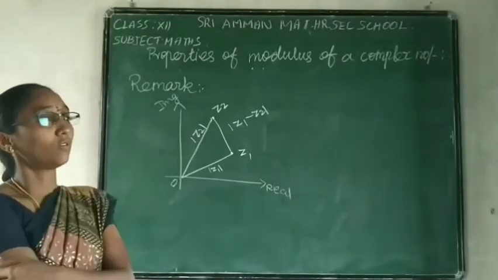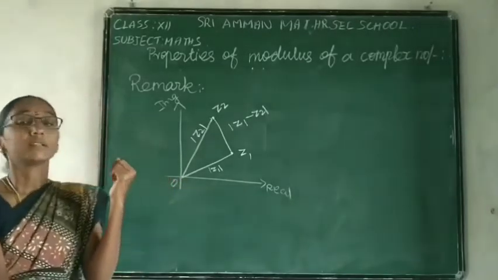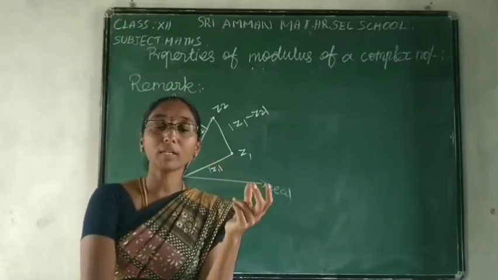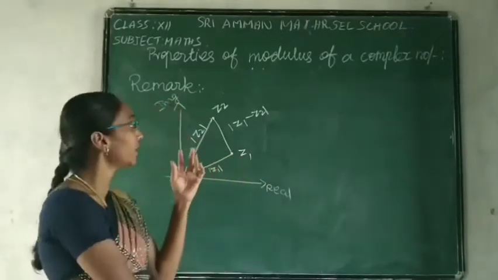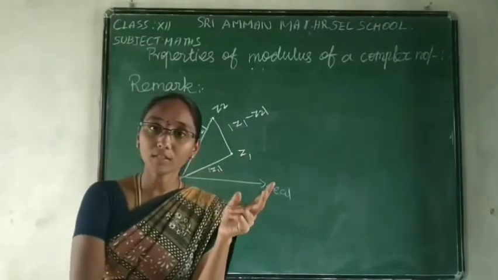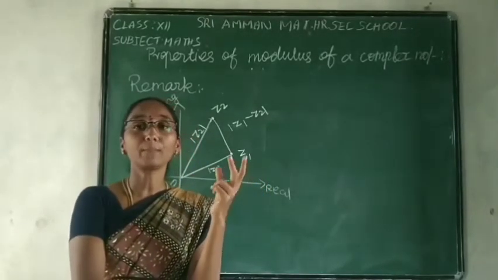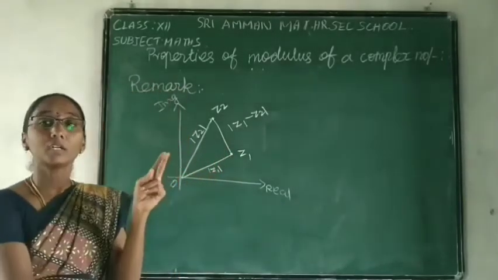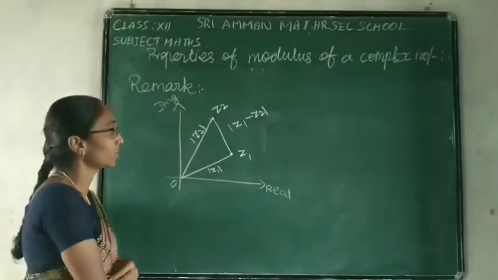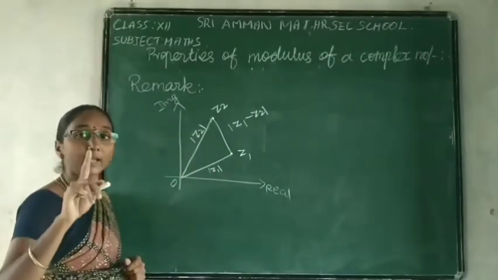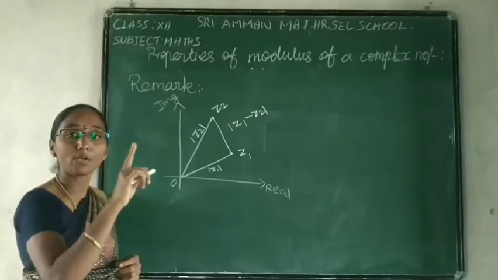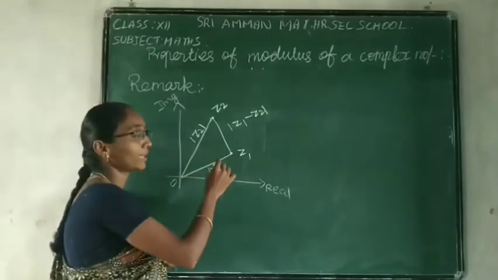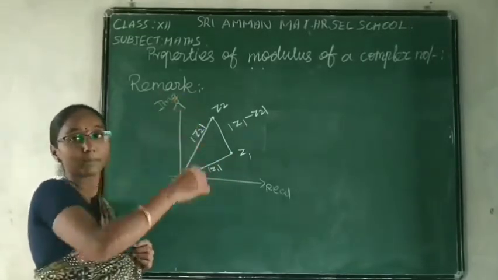Now, in this remark, we compare the triangle inequality and the lengths of the two complex numbers. In the complex triangle inequality, I proved it by the geometry method. In the same manner, I will explain one result from this remark.